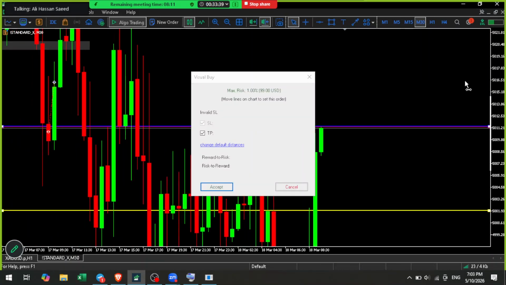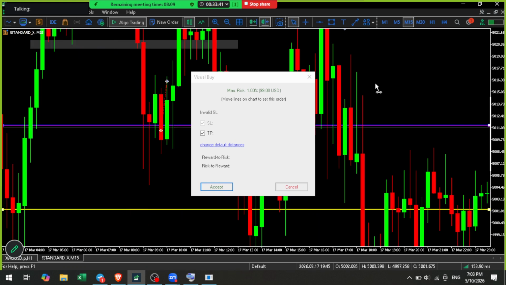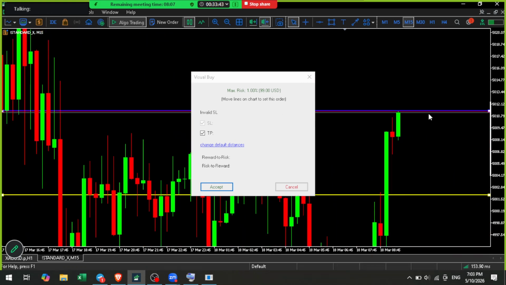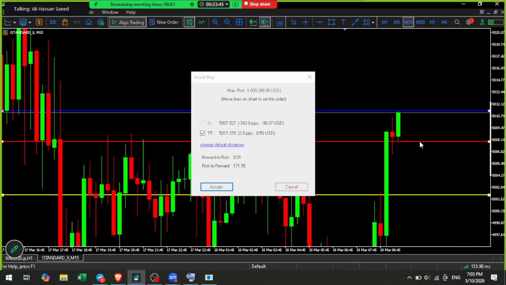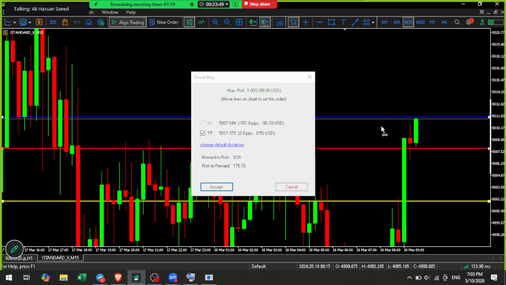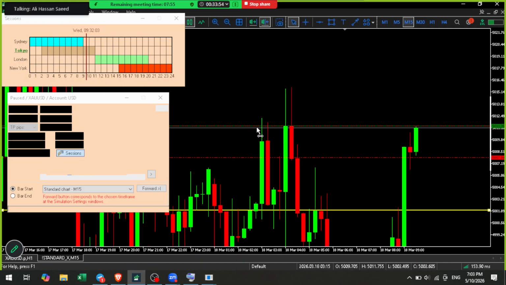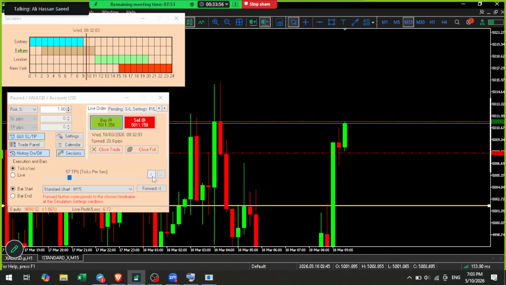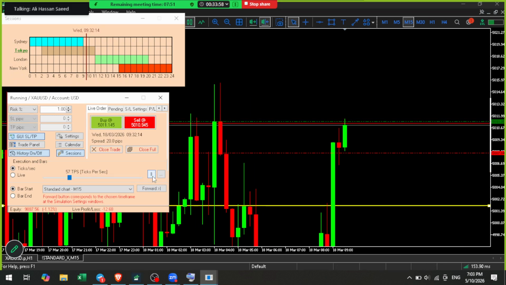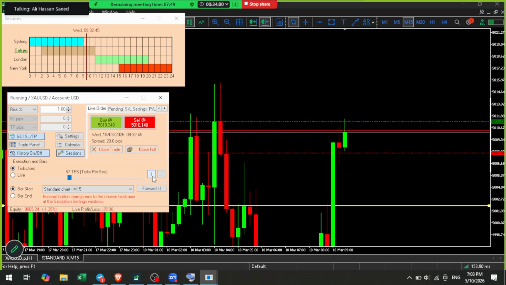Yes, 1%. That would be our risk. What is that? 34. Let's go 35, and we will not have a TP except 1 to 1. We will close partials, and let's see how that goes.